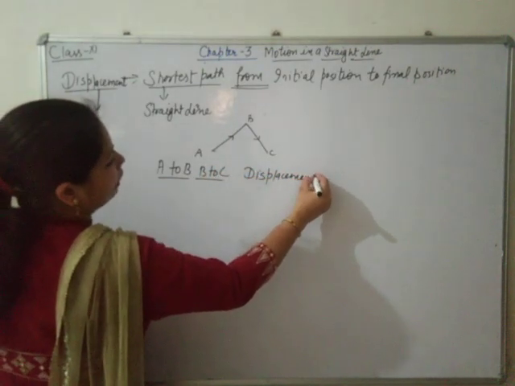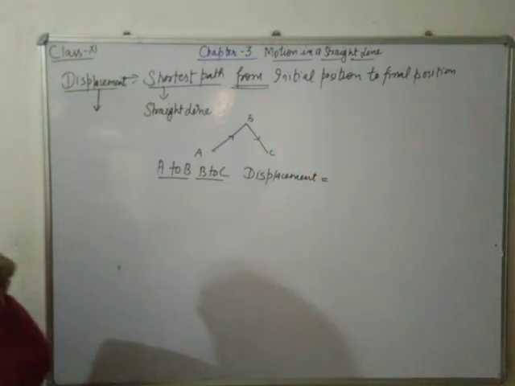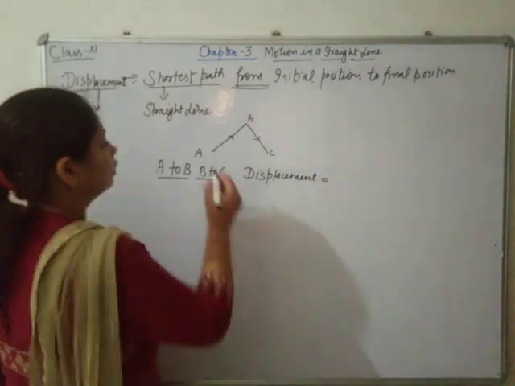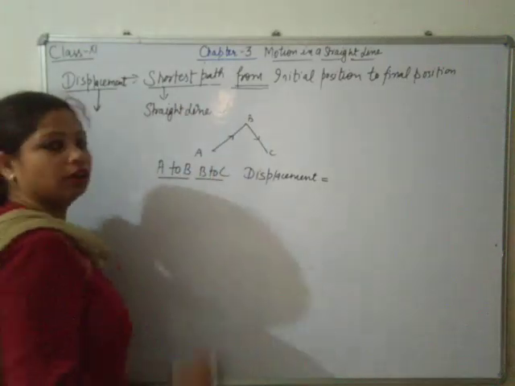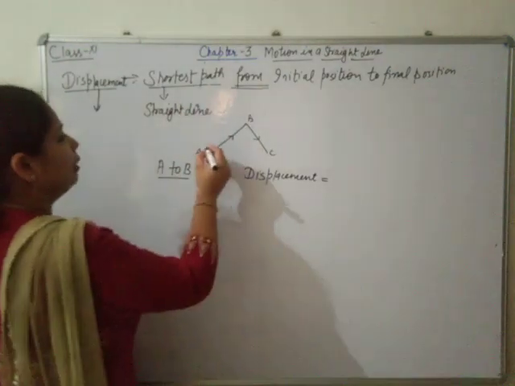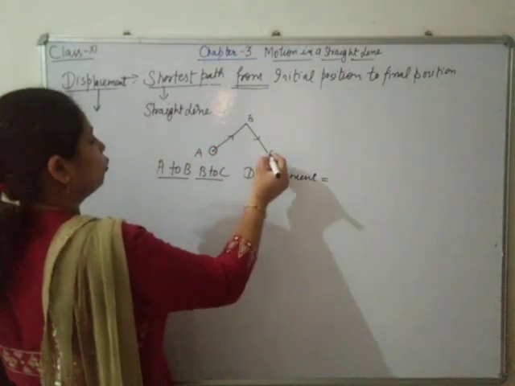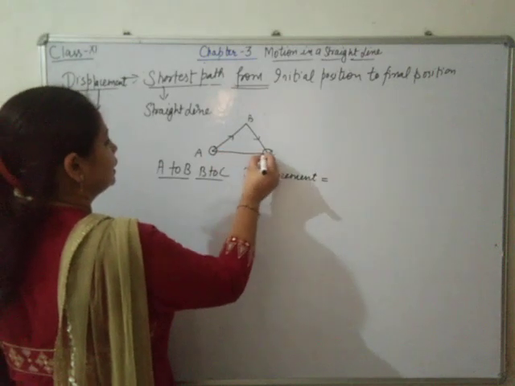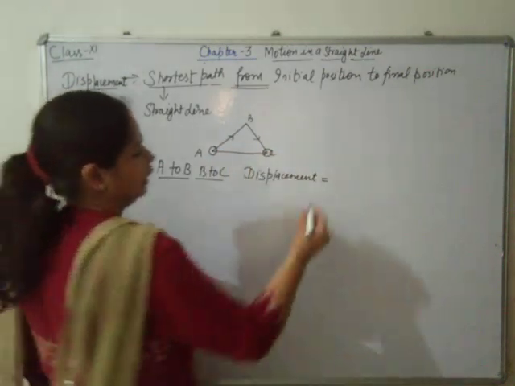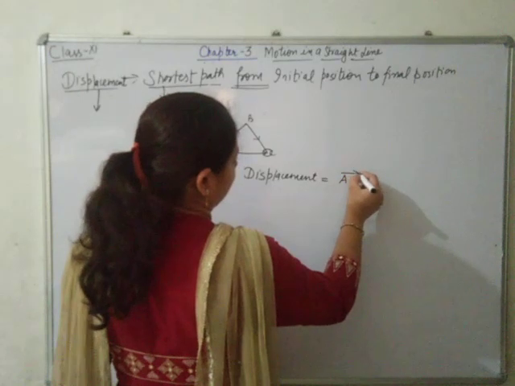For displacement, we have to draw a straight line, because shortest path is always a straight line from initial position A to final position C. This is the displacement. It means AC.